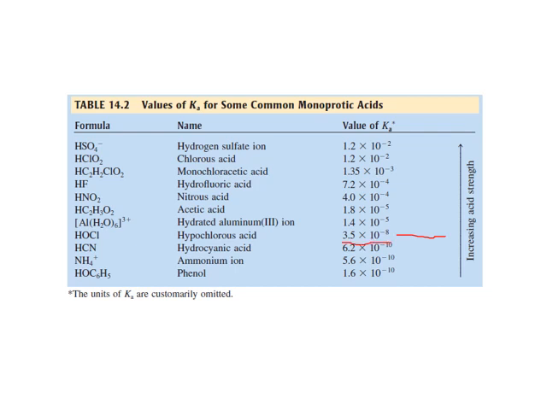I'm going to type in 3.5 times 10 to the minus 8th. And then I take minus the log of that, and I get about 7.5. So when you take the pKa, it's about 7.5. You can try that on your own. And actually, it should be on the previous slide anyway.